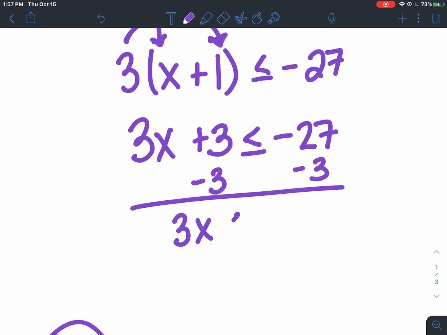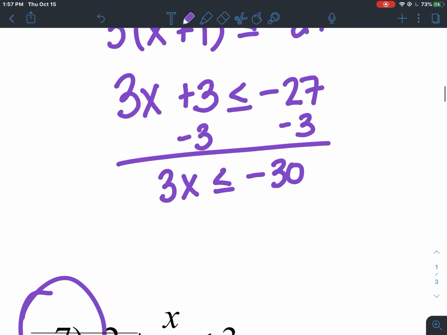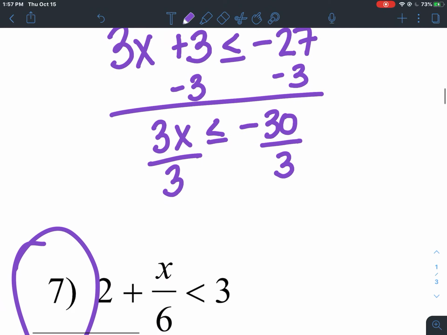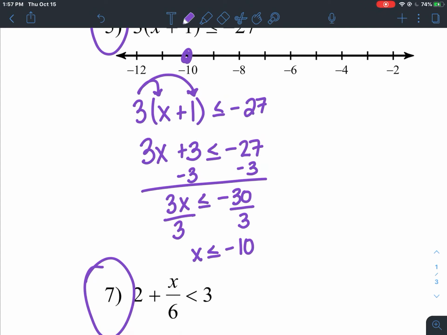So 3x is less than or equal to negative 30. Then divide by 3. So x is less than or equal to negative 10. Equal to means a closed circle, and all the numbers smaller than negative 10. So we're going to shade in this way.